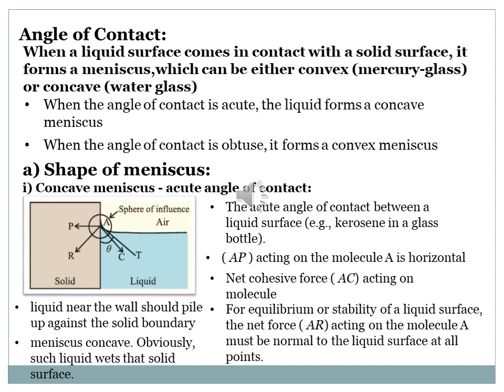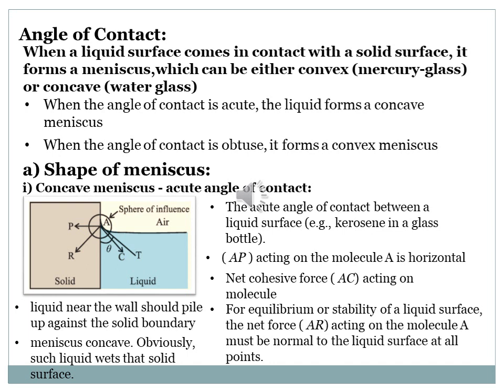So we are going to consider a sphere of influence. Center is A. Now AP bar is acting on molecule A. AP bar on molecule A is horizontal, that you can see in the diagram. And AC bar is the net cohesive force which is acting on point A.